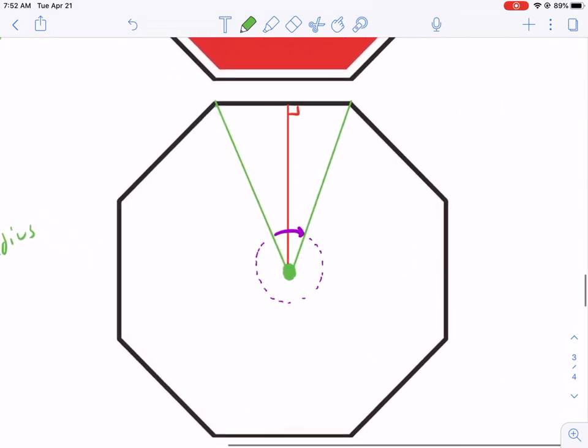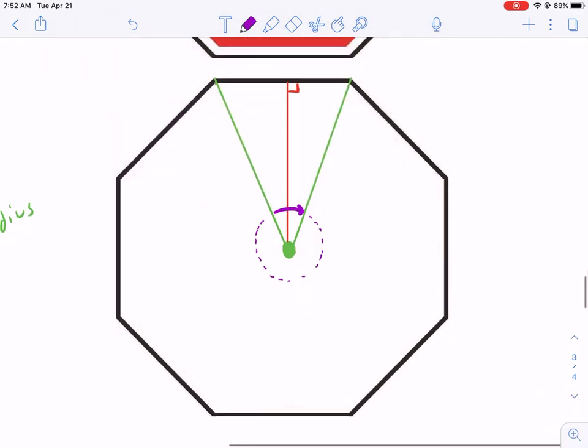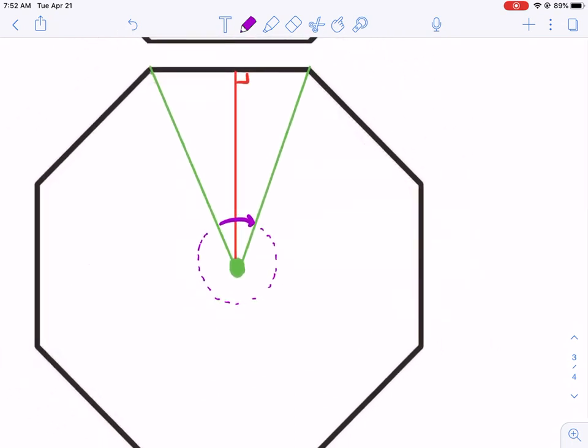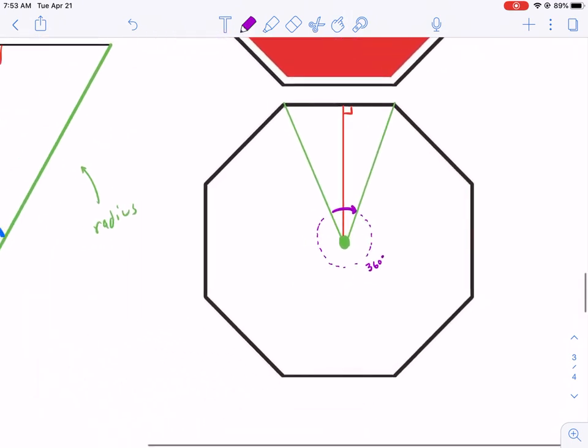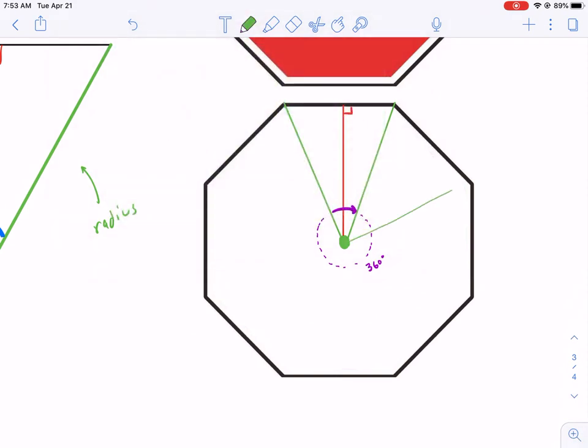So the first thing we're going to do is figure out what this angle is in this triangle. We know 360 degrees goes all the way around. But we're not looking for 360 of it. We only want a portion of that.